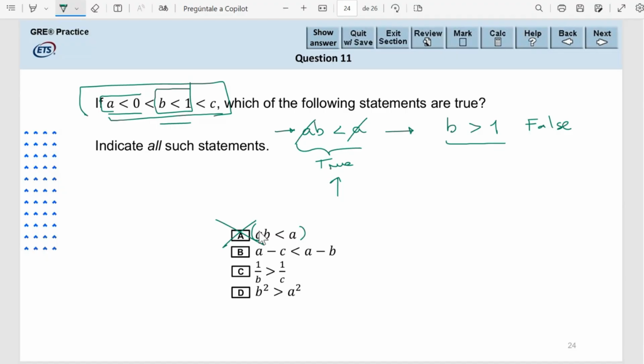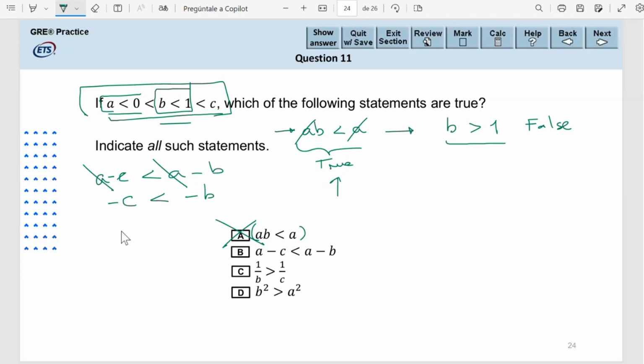For example, if I want to simplify the second, what could it change? If I have A less than A minus C is less than A minus B, what could I simplify there? A, right? I can take A and I would have negative C is less than negative B. Remember that in such cases, the inequality symbol doesn't change.